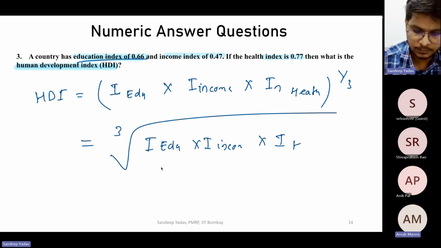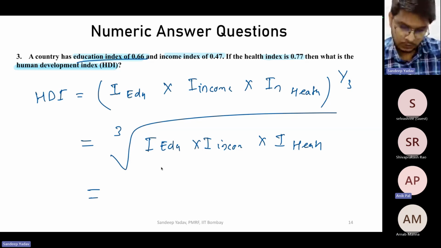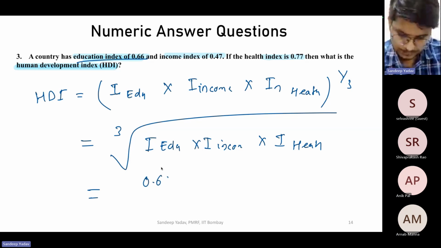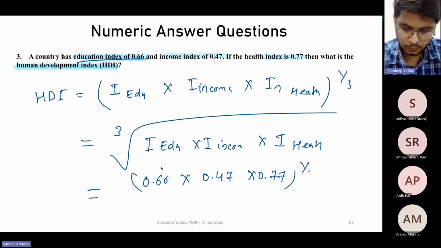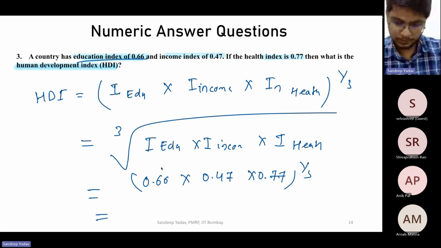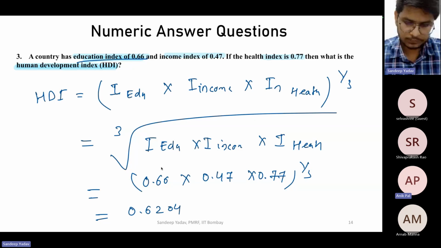So if you see 0.66 multiplied by 0.47 multiplied by 0.77 to the power 1 by 3, the value will come out to be 0.6204.